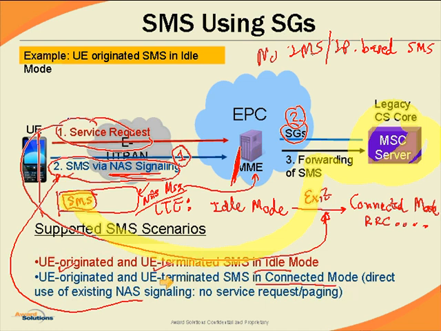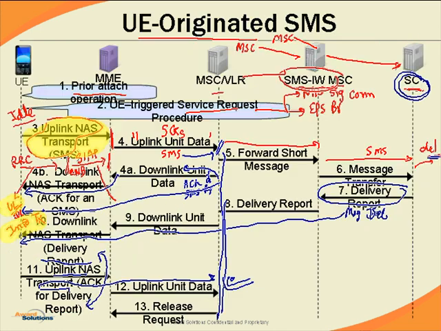The whole SMS process is in LTE. Yeah, that is the benefit. Absolutely correct. So if you look at the call flow, the SMS itself is going over the LTE interface. We are using the LTE core network, and so we are not accessing the legacy radio network at all.